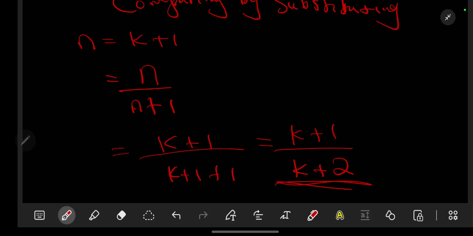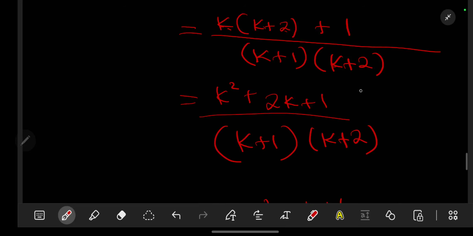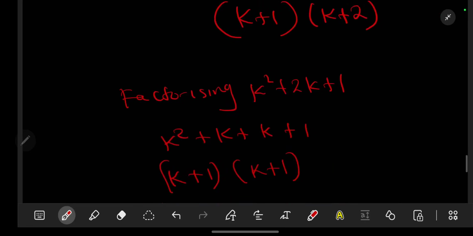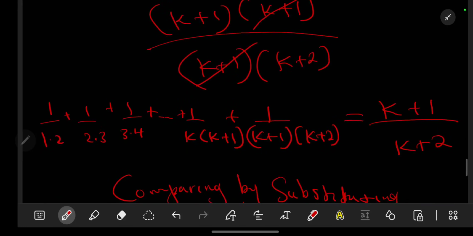So if this is the case, this is what we have. So as you can see, this is the same as this. Where is it? The final answer, which is here.